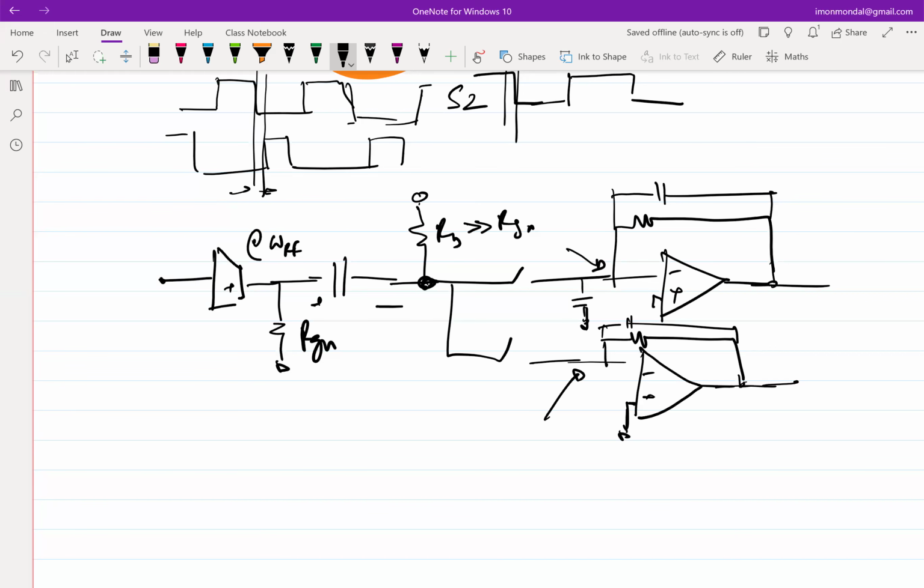So what is the typical bias voltage you require for an op amp at the input side from whatever you have designed till now? VDD by 2, approximately, right? So this is approximately VDD by 2. As it happens, this is also approximately VDD by 2, so you do not have a problem then. It would have been a problem if the requirement were different on both sides.